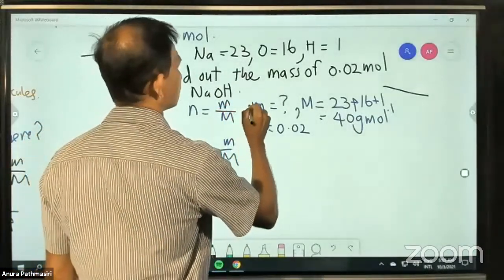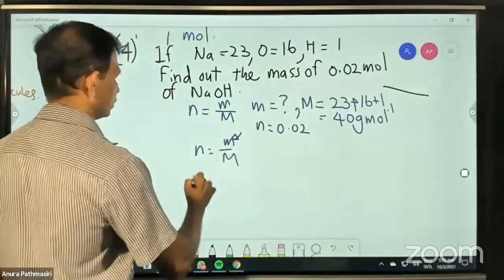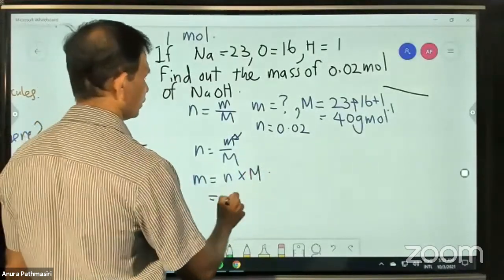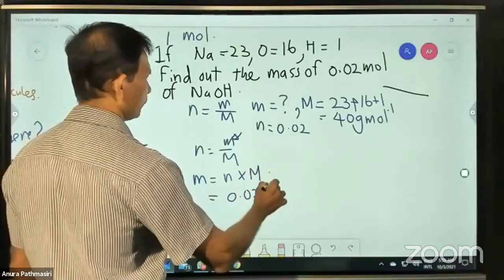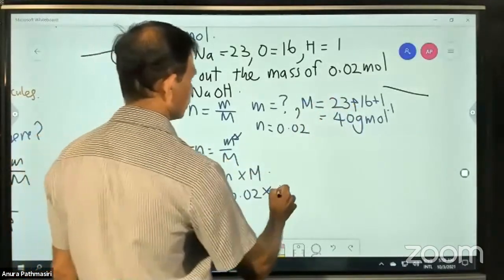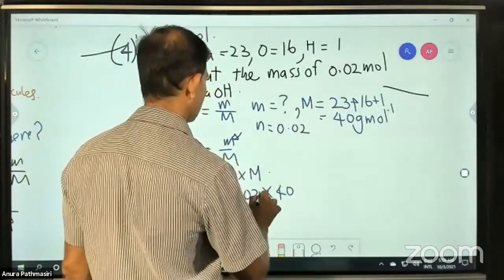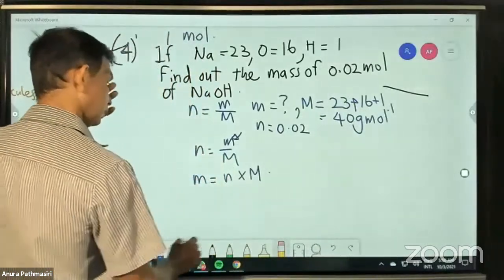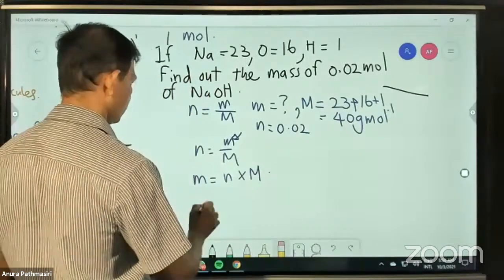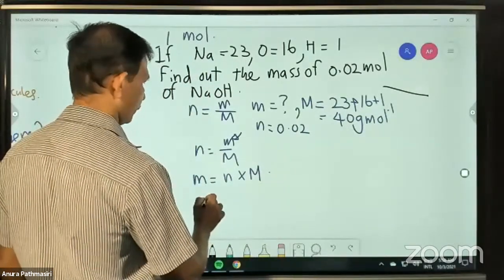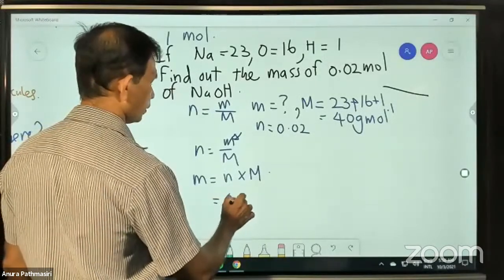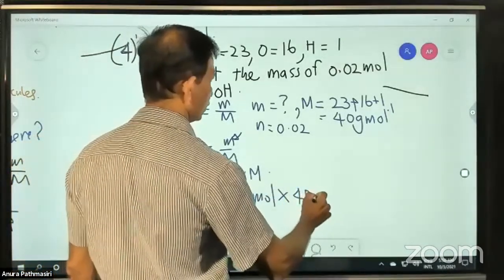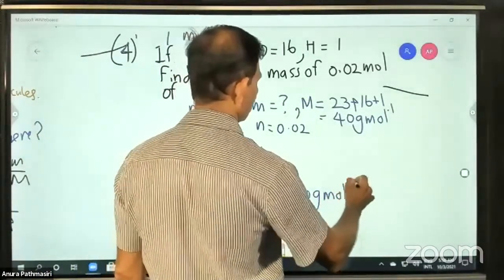I'm asking for the mass, so m equals small n multiplied by capital M. Small n is 0.02 mole, multiplied by 40 grams per mole.